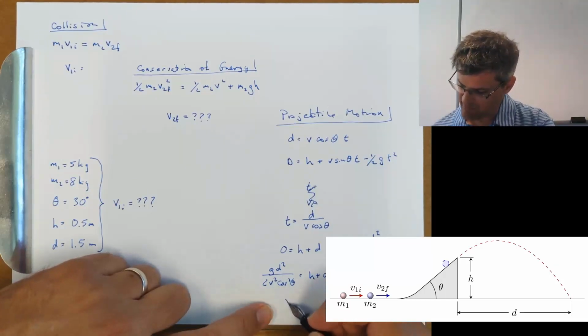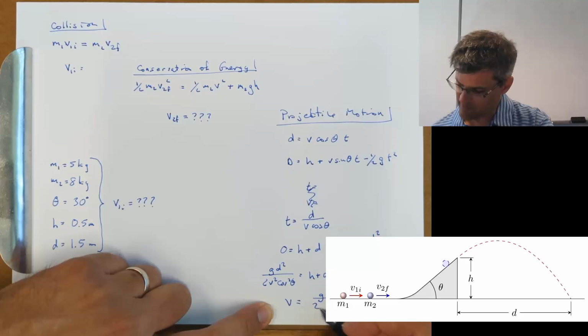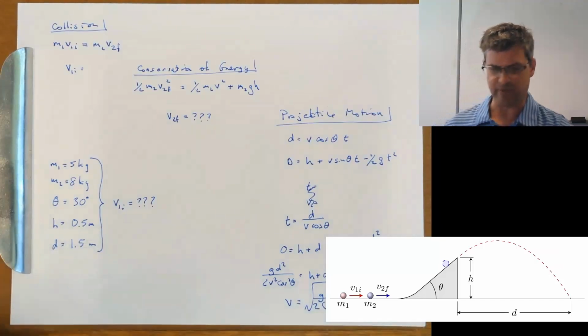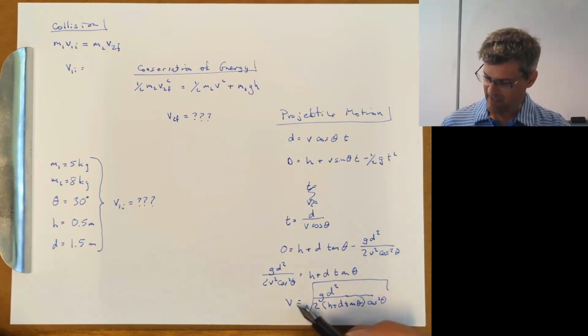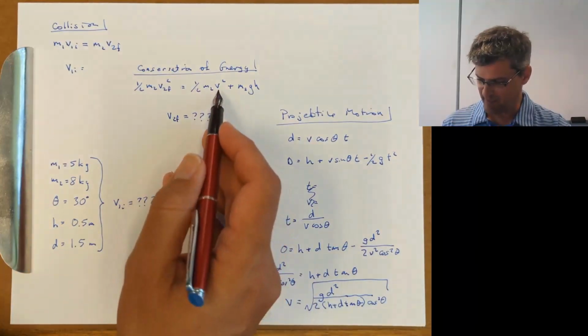Rearranging some terms, V is going to be G D squared over 2 times H plus D tangent of theta times cosine squared theta, all under a square root. Here you can kind of see what all of that is. I can take this V and plug it in up here.